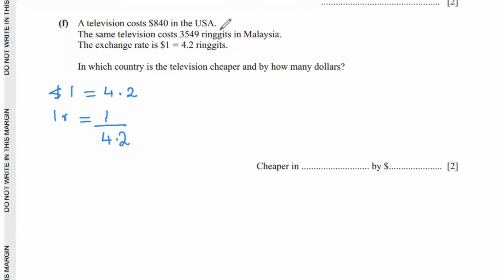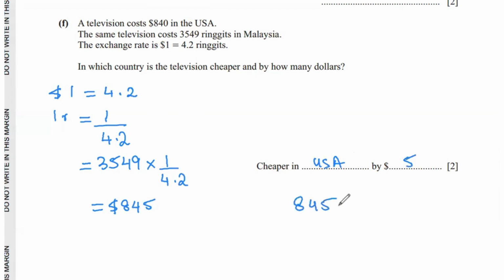So for 3,549 ringgits, we multiply 3,549 by 1 over 4.2. And that leaves us with $845. So if we compare 845 with 840, we can obviously see that it's cheaper in the US and it's cheaper by $5 because 845 minus 840 equals $5.